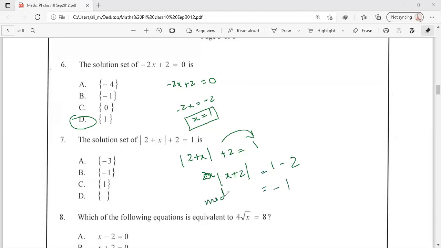So the modulus is equal to the negative of a number, and the modulus of a negative number does not exist. So the solution set for this modulus would be the empty set, because a modulus cannot be less than 0 or negative. So the correct answer is option D.